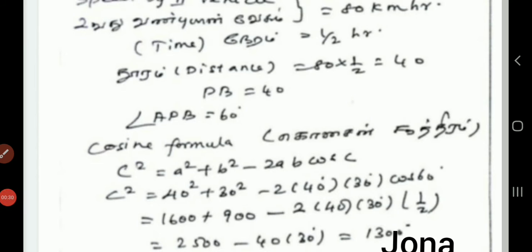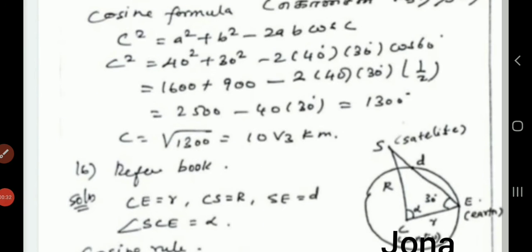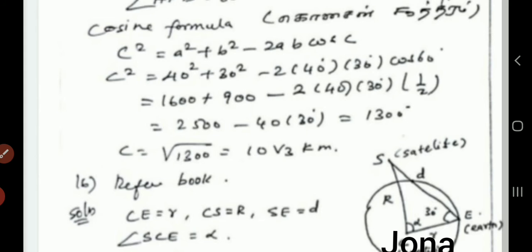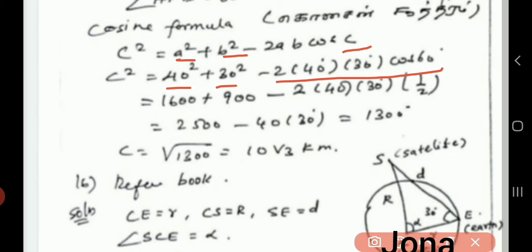Here we have C square equal to A square plus B square minus 2AB cos C. Substitute the values of A, B and angle C here. So we have 40 square plus 30 square minus 2 into 40 into 30 into cos 60 degree. Therefore 1600 plus 900 minus 2 into this much.